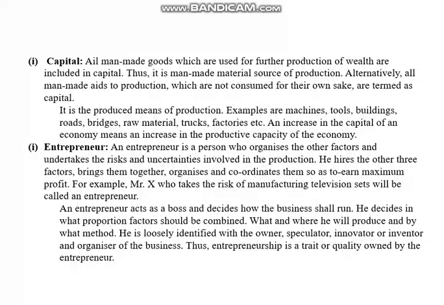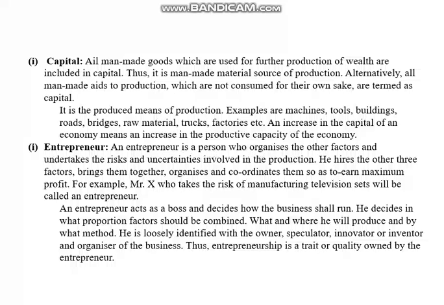Okay, see, increase in capital of an economy. Economy means अर्थव्यवस्था. See, भारत देश का जो अर्थव्यवस्था है, if it is increasing, that means what? The producing capacity of this economy is increasing.